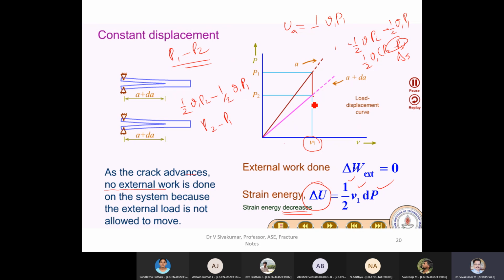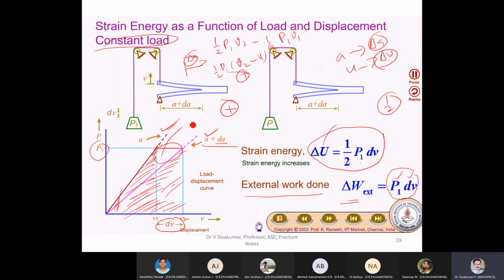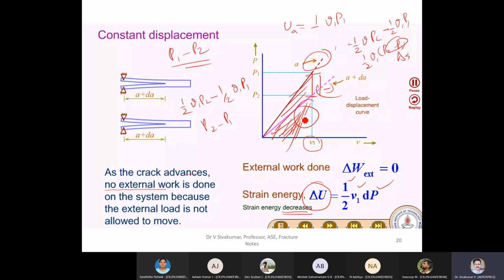So P2 minus P1 is a negative term, and that is why the strain energy is decreasing. Initially it is more, second it is less. In the earlier case, second is more, first is less, so we take it as positive, energy increasing. Here it is negative. Understood?